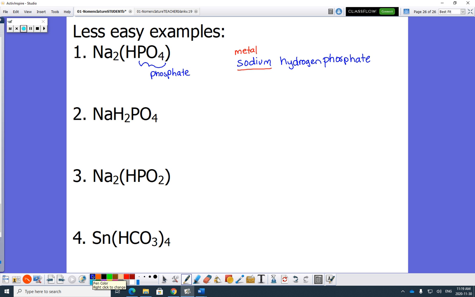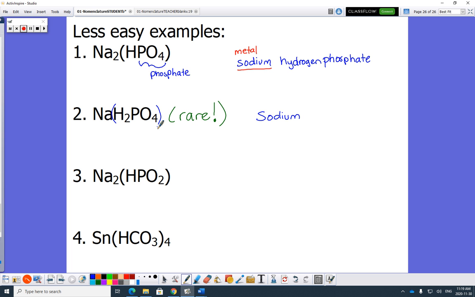So I want, number 2, I want you to write beside it rare. Okay, because this is, what's the difference? How do we show the difference between this and this, okay? So what's happened here, we have sodium, and we have hydrogen and phosphate, right? But how many hydrogens do we have? 2.